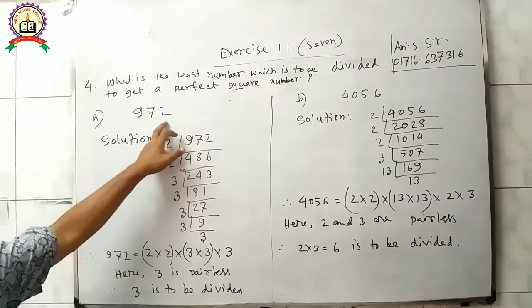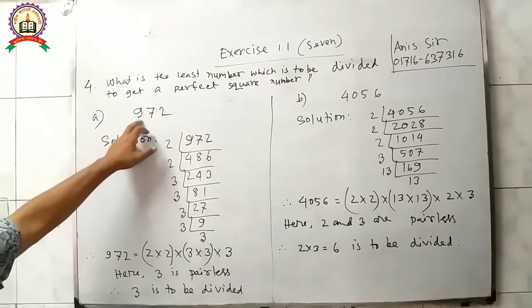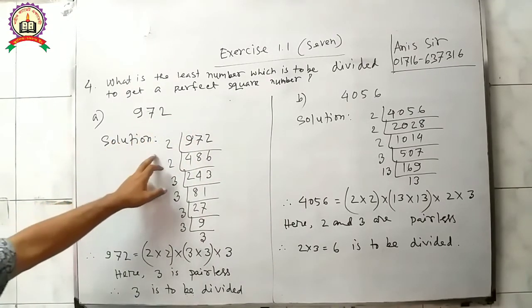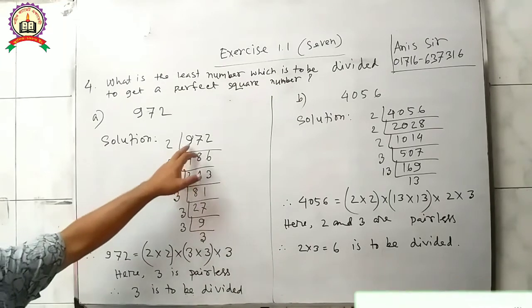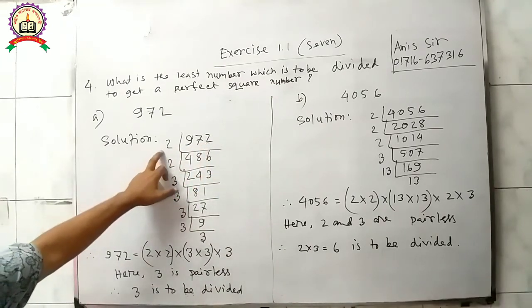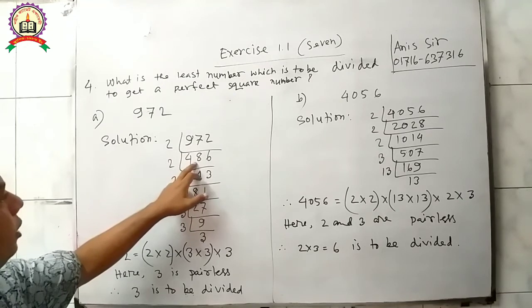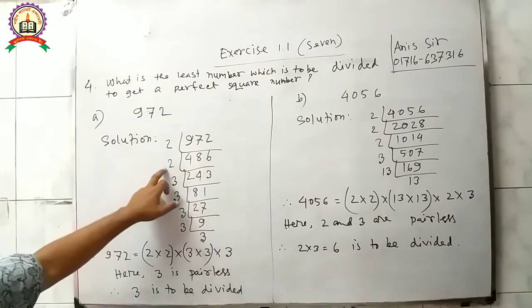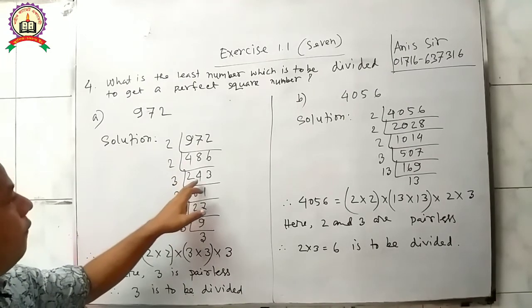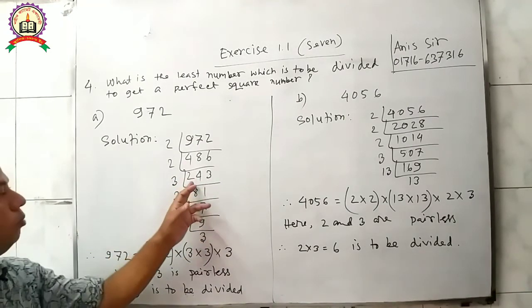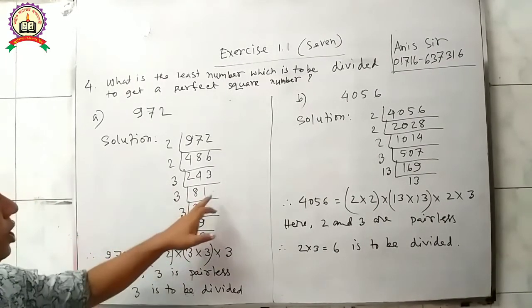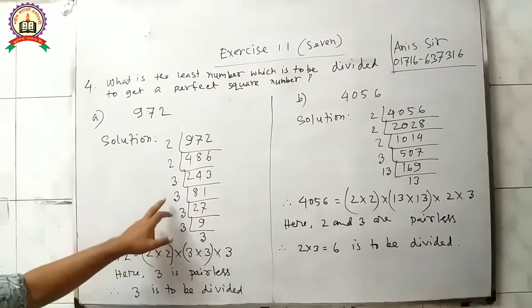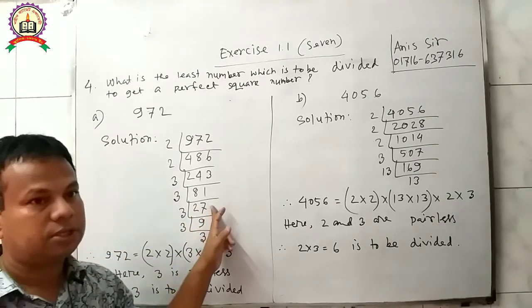To find the prime factors, we have to solve in this way. 972 is divisible by 2, then we get 486, and then divisible by 2 we get 243. 243 is divisible by 3, the quotient is 81. 81 is also divisible by 3, and the quotient is 27.